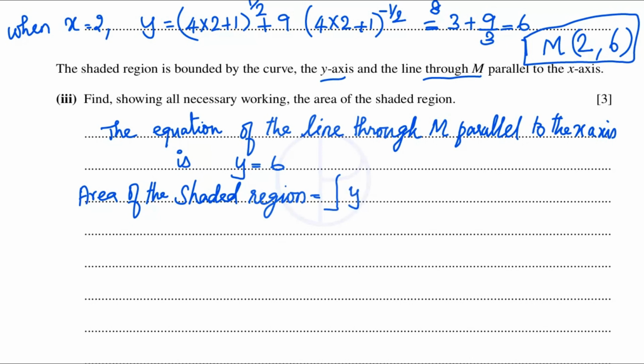Integral y dx, y is 4x plus 1 the whole power 1 over 2 plus 9 multiplied by 4x plus 1 power negative 1 over 2 multiplied by dx. Okay, minus 6 dx.